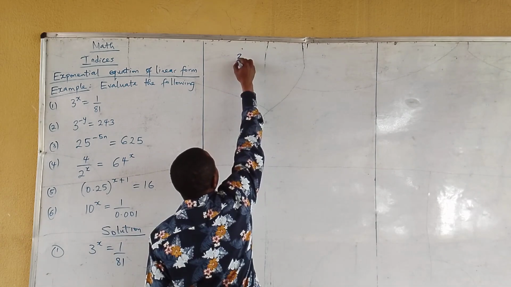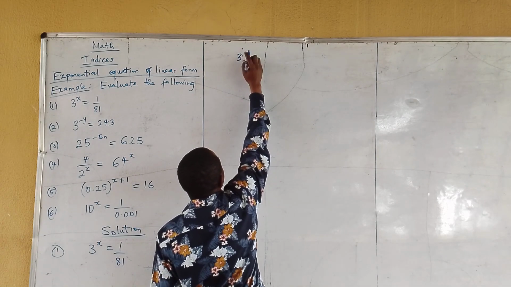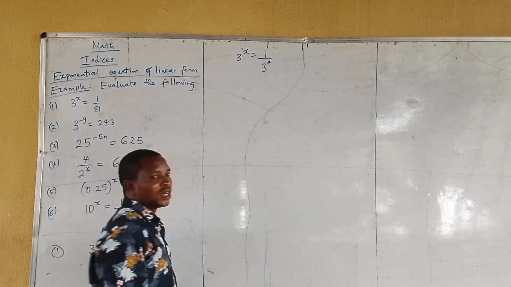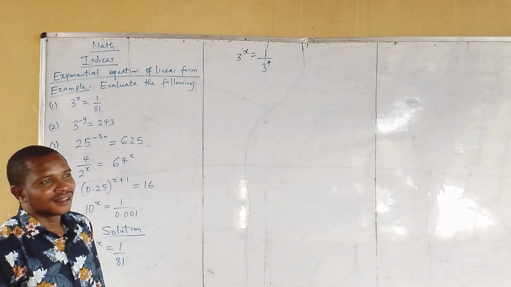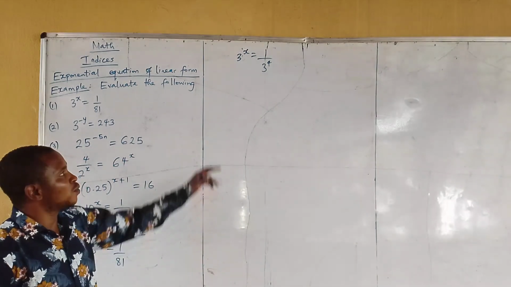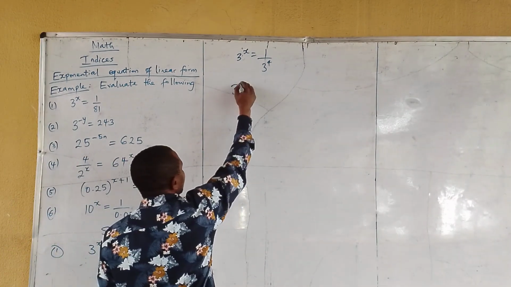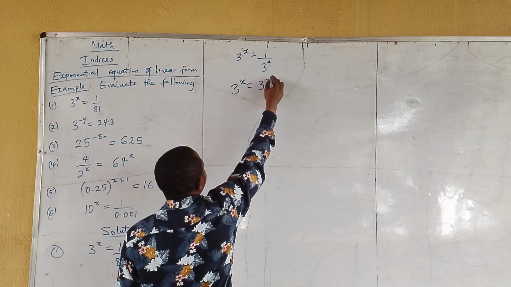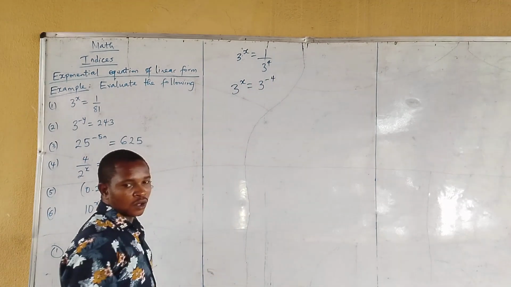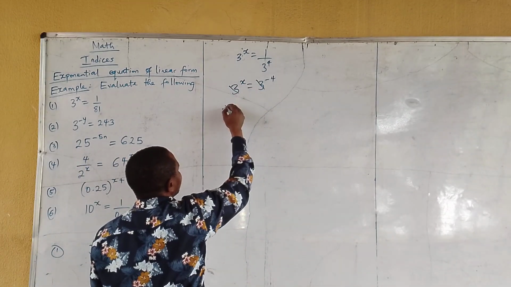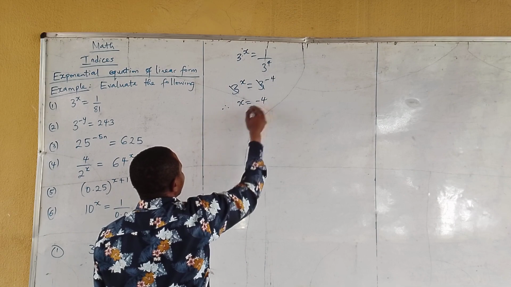So we have 3 raised to power s is equal to 1 over 3 raised to power 4. And don't forget that in indices, 1 over 3 raised to power 4 gives us 3 raised to power minus 4, according to the law of indices. So this 3 will eliminate this 3 here. Therefore, s is equal to minus 4.